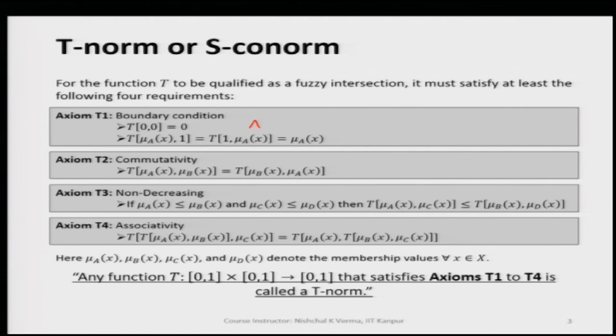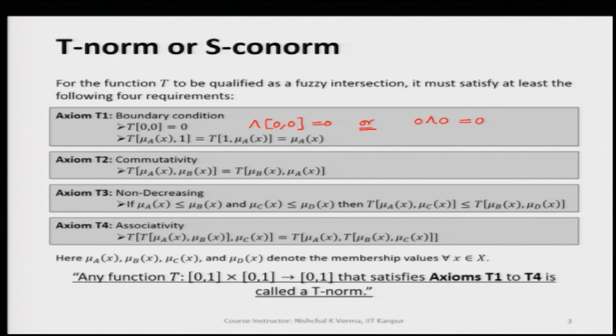I can use the open triangle symbol for T norm or S co-norm, so I can write the same thing like this, or this can also be written as 0 open triangle 0, which is going to give us 0.